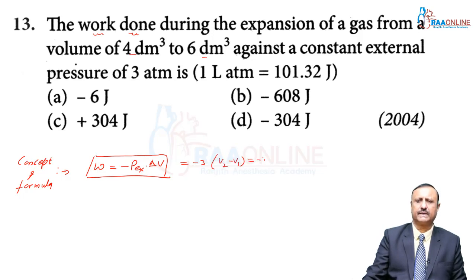So you get minus 3 into, V2 is equal to 6 minus 4. So my dear students, W is equal to minus 3 into 6 minus 4, that is 2. So you get minus 6, but it is in atmosphere.